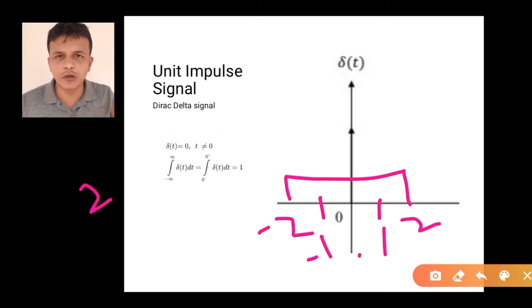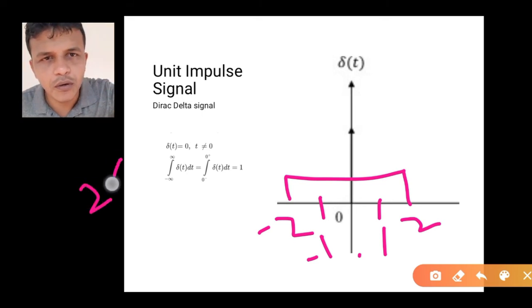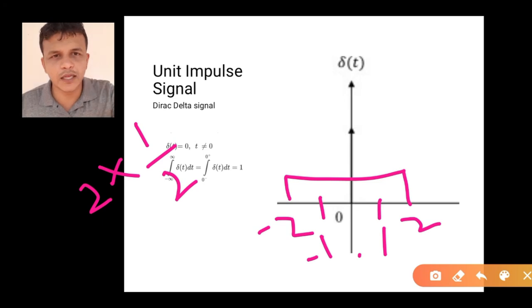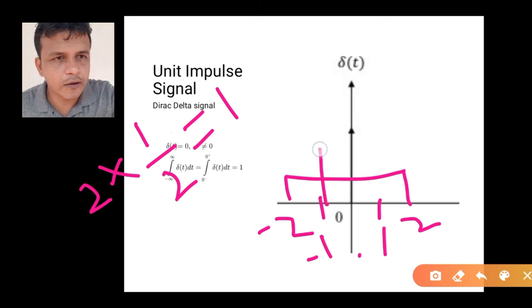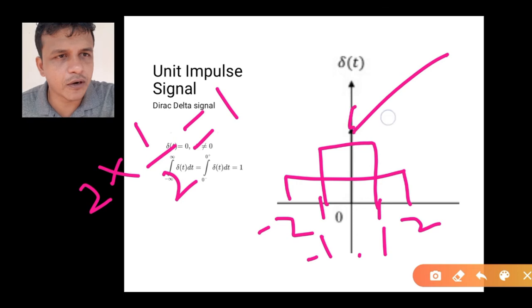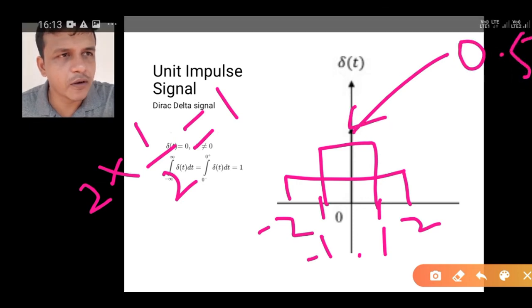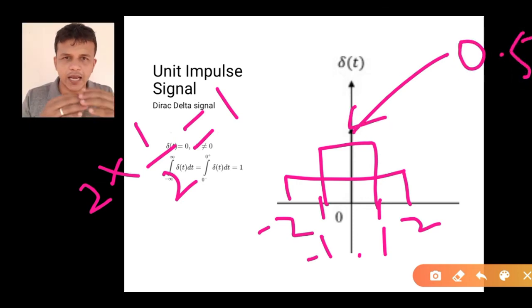For this rectangle to have an area of 1 unit, its height should be 1 by 2. So it has a greater amplitude, 0.5, which is greater than the previous amplitude. Now, like that, let us shrink the base or the length.